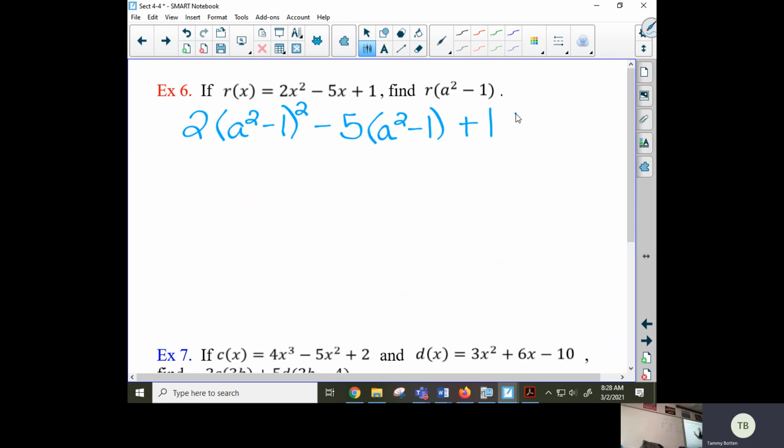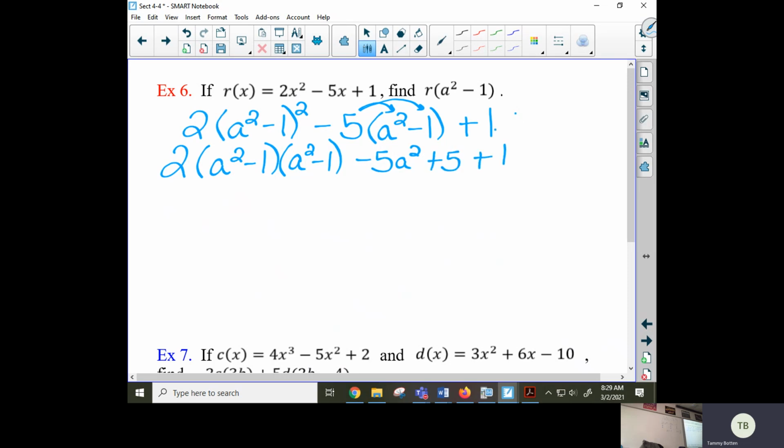When you have a parentheses with a plus or minus and the whole thing squared, you have to write it down twice, and you have to use FOIL. Here, I could just distribute this right now. Negative 5 times a squared is negative 5a squared. Negative 5 times negative 1 is plus 5. And then I have my plus 1.